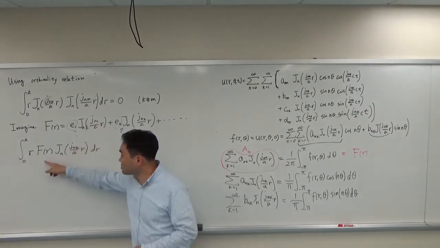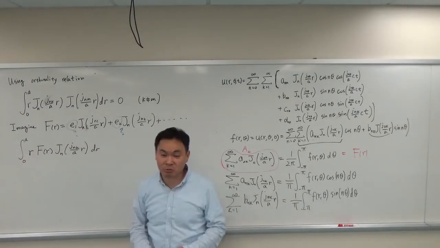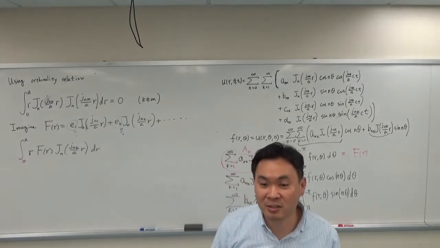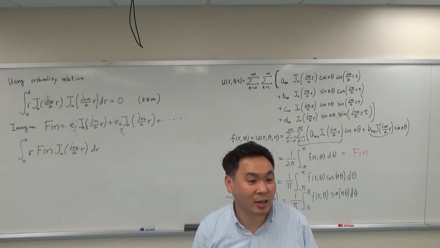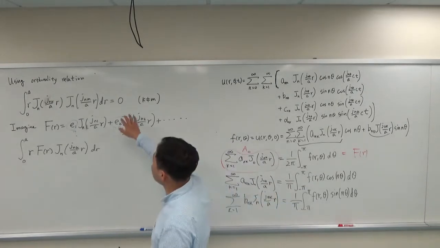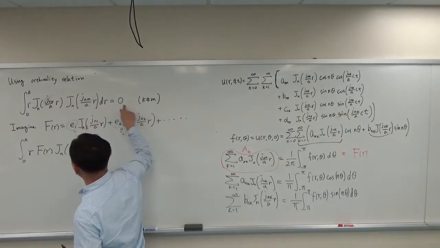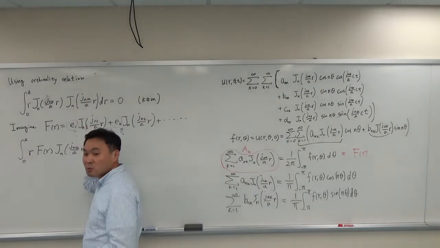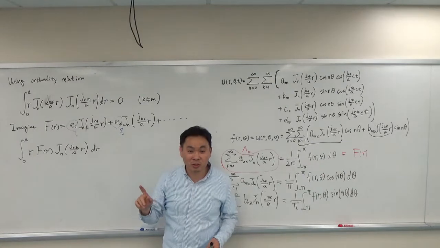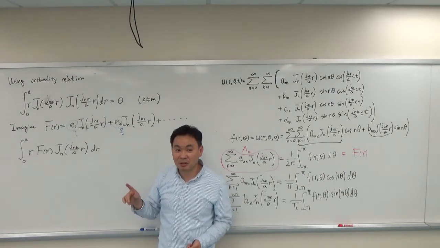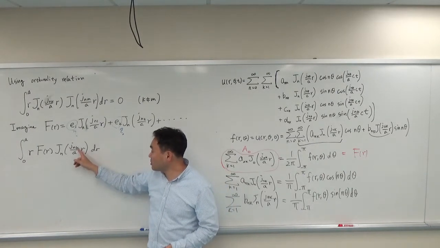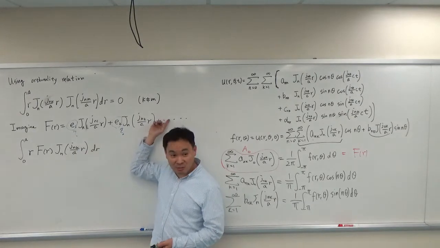These two things are multiplied with r, and you integrate from 0 to a. What would you get? Why? Orthogonality. Because of this, right? If these two numbers are different, you get 0, right? So everything will be 0 except just one thing. Which one? When k is equal to the same thing, right?